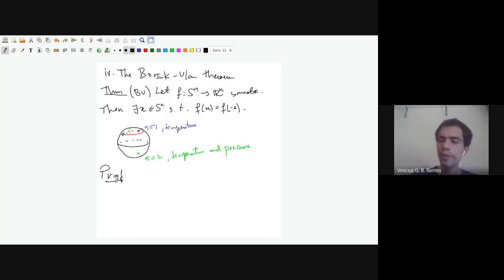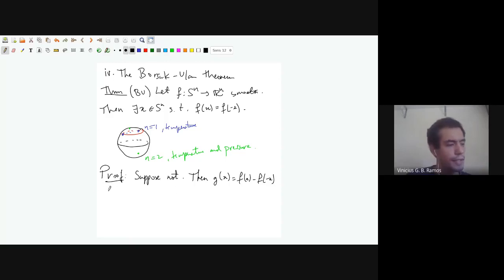So for the proof, we'll just use winding numbers, but everything mod 2. We only really need Z mod 2. Okay, so let's suppose not. Suppose that there doesn't exist an x like that. So we can define a function g(x) which is f(x) minus f(-x).